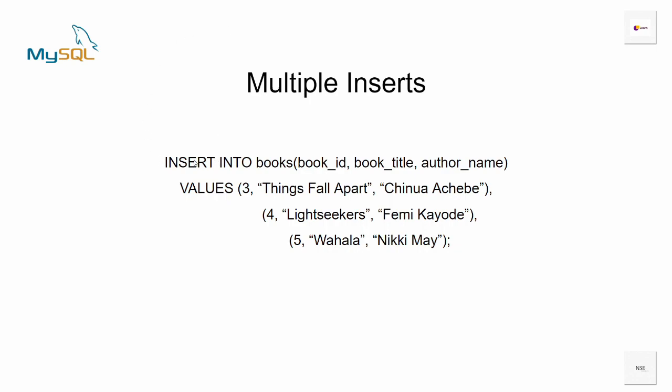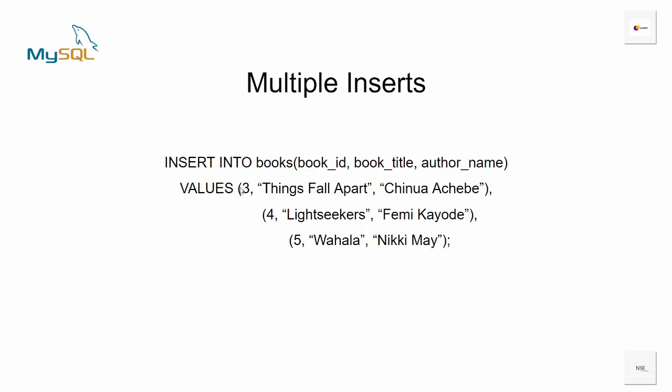As you can see here, we have insert into books. We have the parentheses, open and closing, and we have book ID, book title, author name. These are the columns into which we want to insert data. Now we have values. The difference now is in the values.